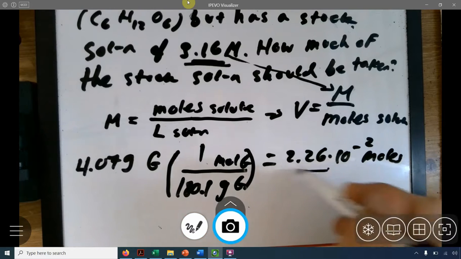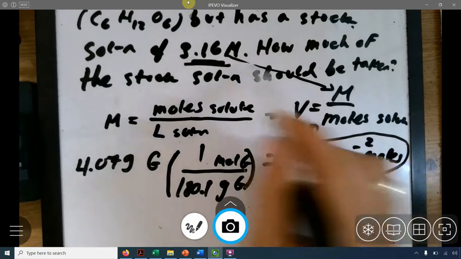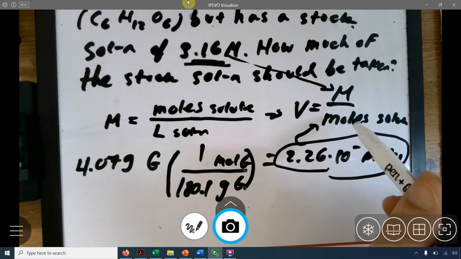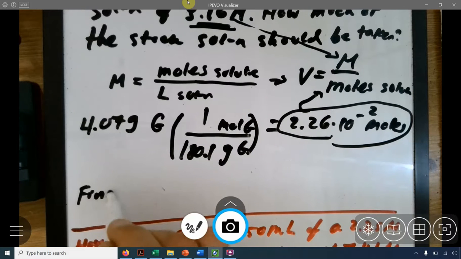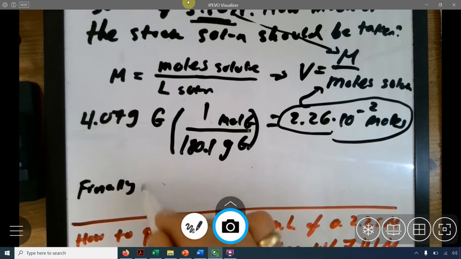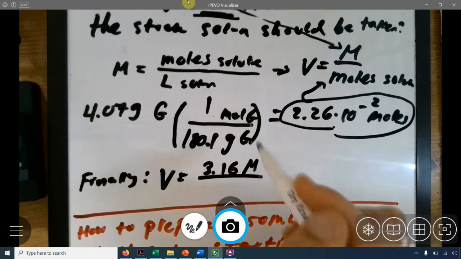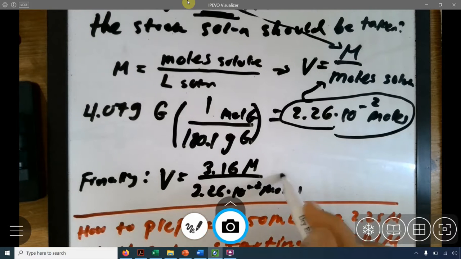So this value here will go in there. This is moles per liter, this is moles, so I'll get liters. So that's great. So now, finally, my volume would be 3.16 moles per liter divided by this 2.26 times 10 to the minus 2 moles.